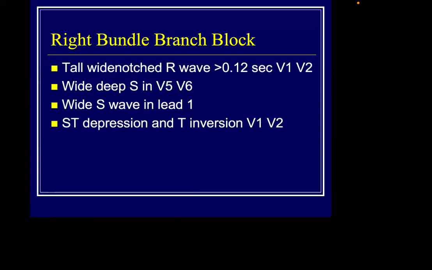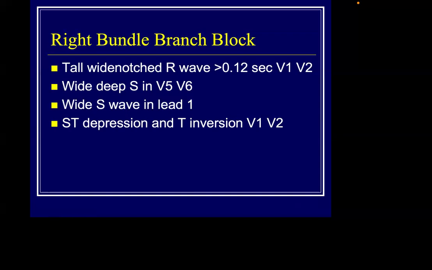In left bundle, the ST segment changes usually are in the left-sided precordial leads, V5, V6, sometimes you go to lead AVL. Usually the ST segment depression is confined to V1 and V2 in right bundle branch block, because in right bundle branch block, the abnormality is usually in the right side of the heart.